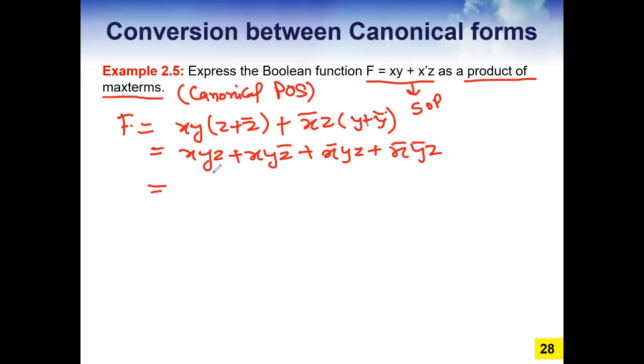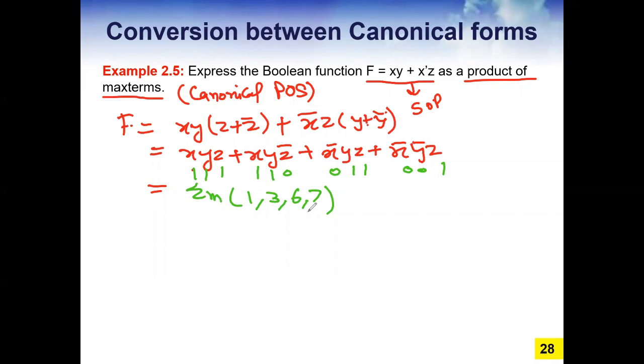Here we can list what these are: 1, 1, 1, 1, 1, 0, 0, 1, 1, 0, 0, 1. So I can say sum of min terms, sigma m, 1, 3, 6, 7 in order.